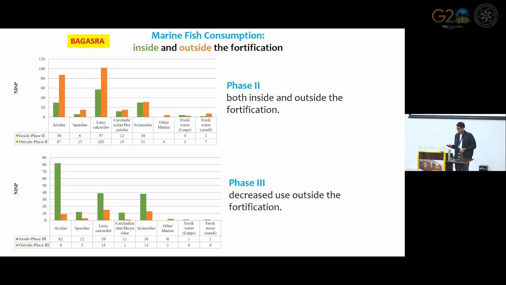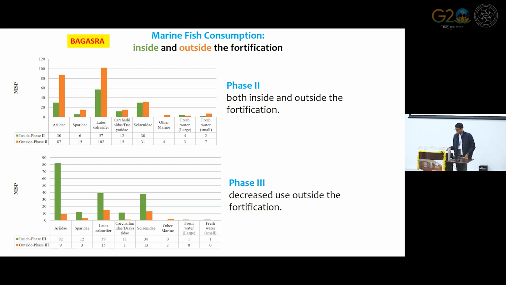There is a slight difference in marine fish consumption inside and outside the fortification at Bagasra and Shikarpur. At Bagasra, from the upper image, that is from phase 2, you can see some sort of differences in marine fish consumption. But outside the fortification, especially towards phase 3, there is a certain fall in the utilization of marine fish.